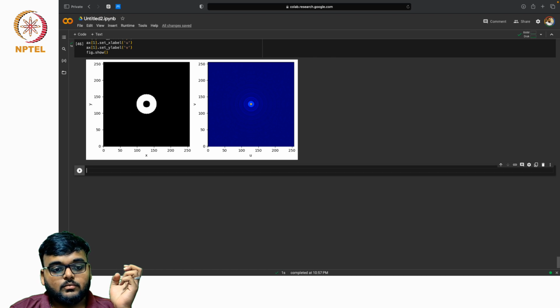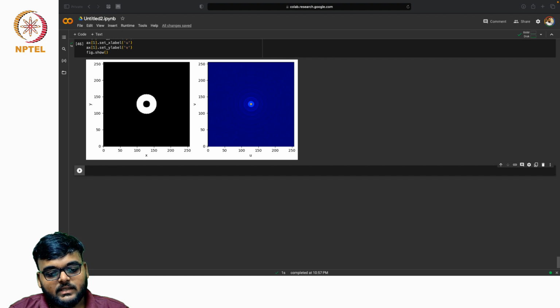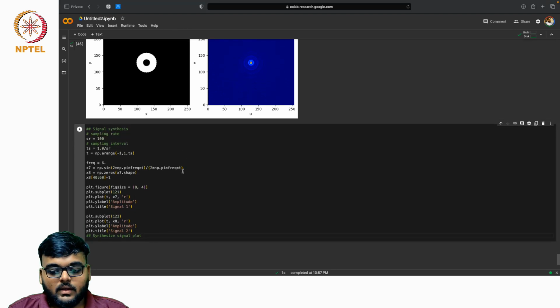Now let's move to another topic, which is correlation. Let us first define two signals. One is a sinc signal, and the other is a rectangular pulse.